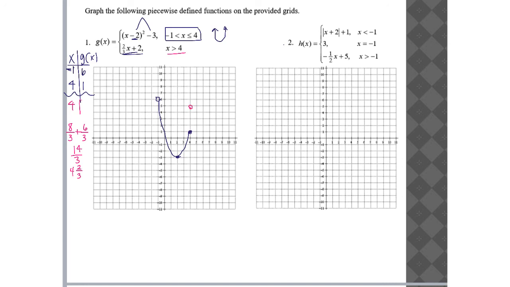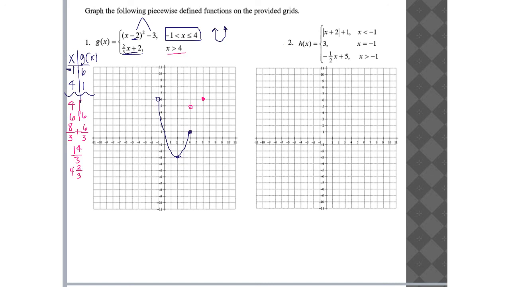And now let's see, what would be another point we could plug in? Looks like 6 would be a good one to plug in. Let's see, 2/3 times 6, that's going to be 4, isn't it? 4 plus 2 is 6. So we have the point (6, 6). That's going to be a closed point. And we can count off our slope from here.